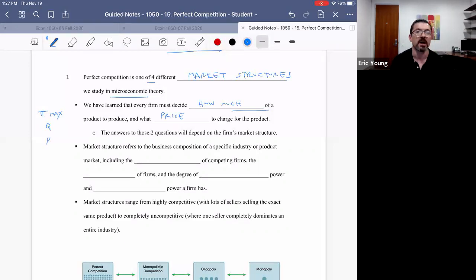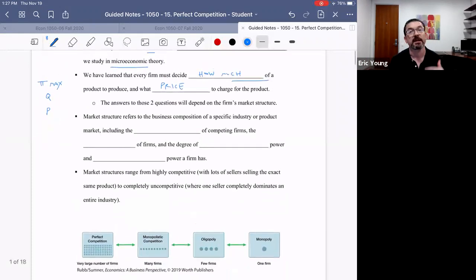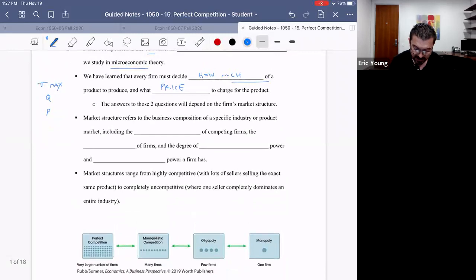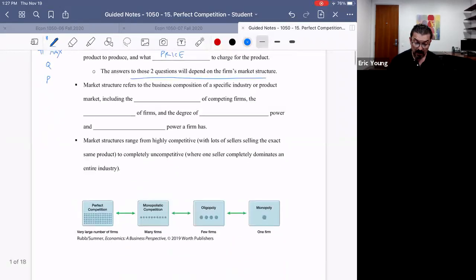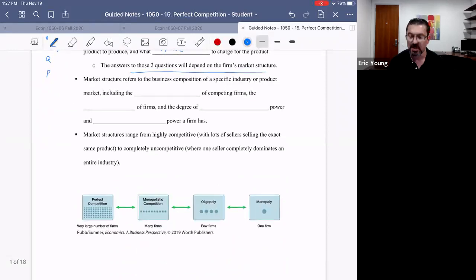And that's the P question. So firms have to make decisions. How much should we produce? What price do we charge for that production? And critically, what you have to take away from today is that the answers to those 2 questions depend on many factors, one of which is market structure.